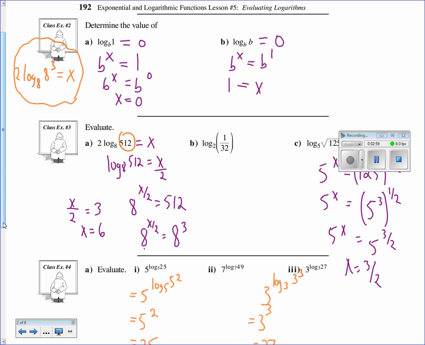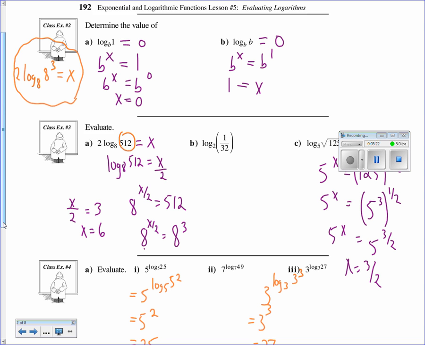Had to do a little bit of work to figure out what 8 raised to the power would be, but that's 8 raised to the power of 3. I'm then allowed to, because my bases are the same, drop my bases and say that x over 2 is equal to 3, which made x equal to 6.